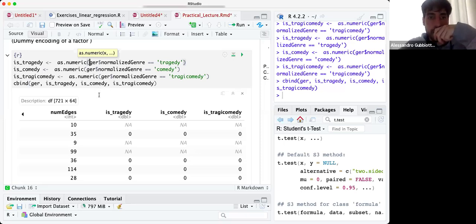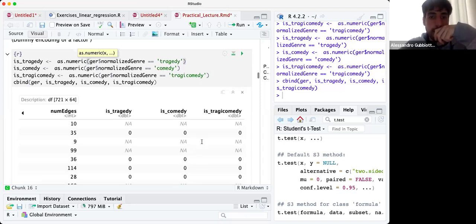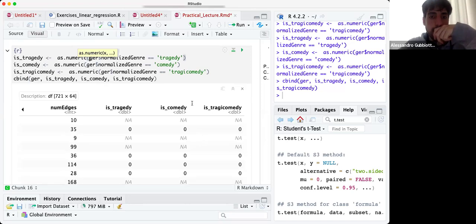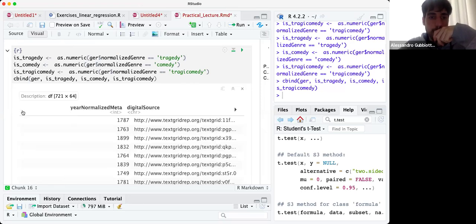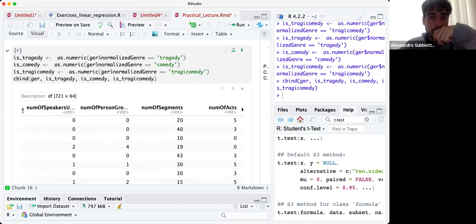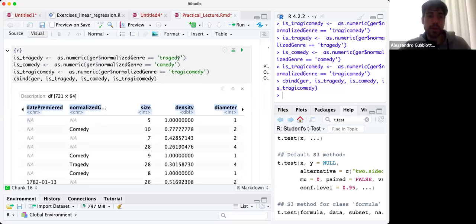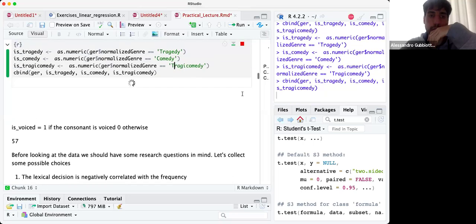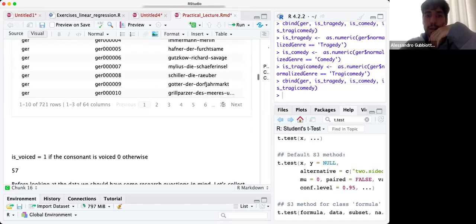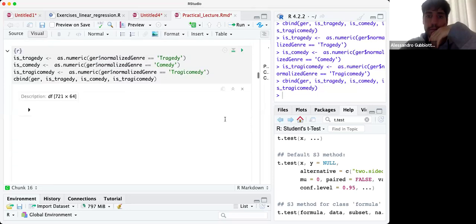There is some error here, but I cannot spot it. Okay, there are capital letters in the name, so now we go. Now we see that, okay, no.